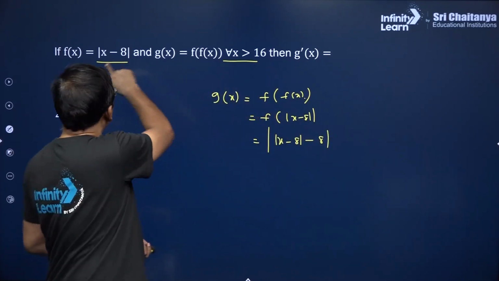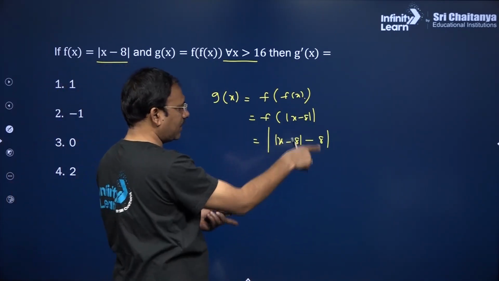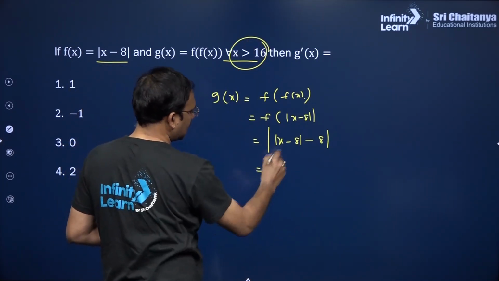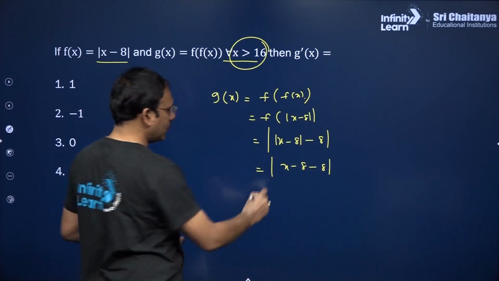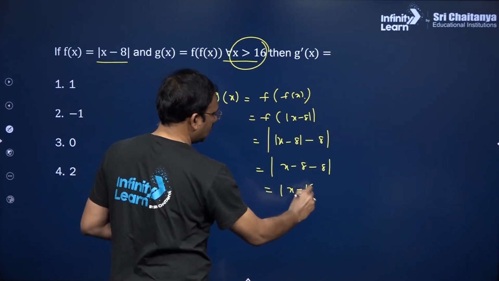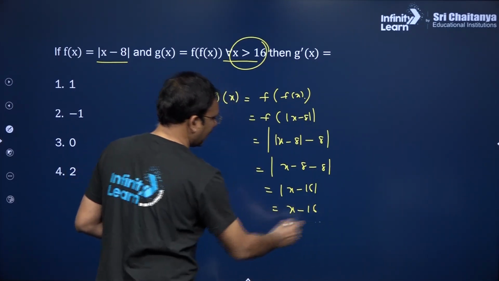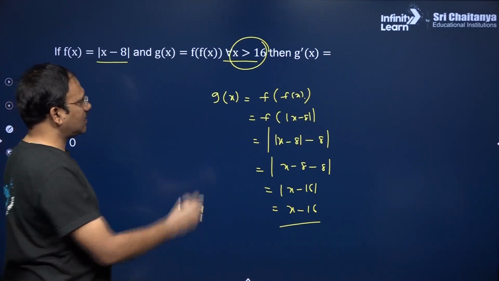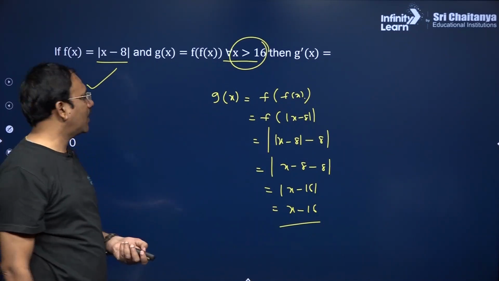So this is something minus 8 with modulus. Since x is greater than 16 in the case we are discussing, mod x minus 8 you can write as x minus 8 itself, which is mod x minus 16. But still x is more than 16, so this is x minus 16, my dear friends, undoubtedly. So when g of x is x minus 16, its derivative is 1, that's it, a linear expression.